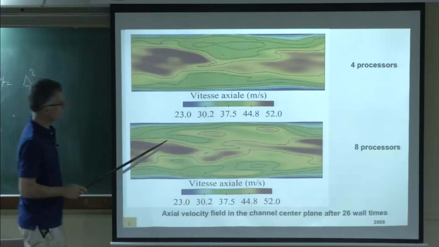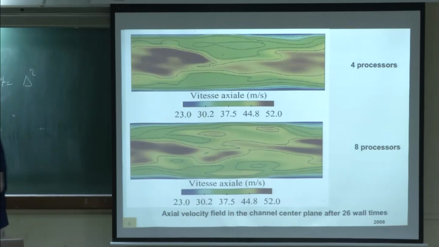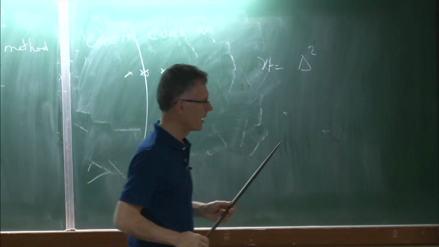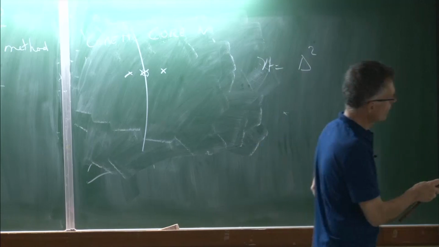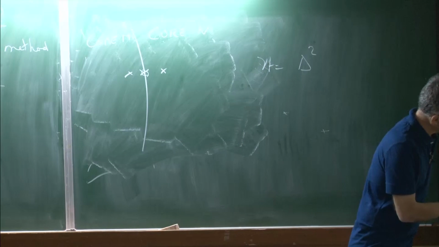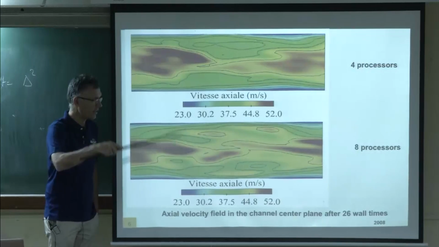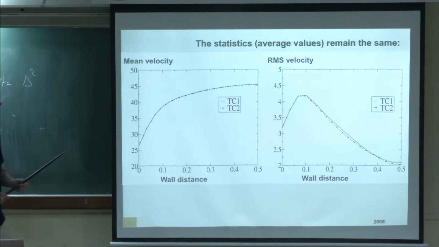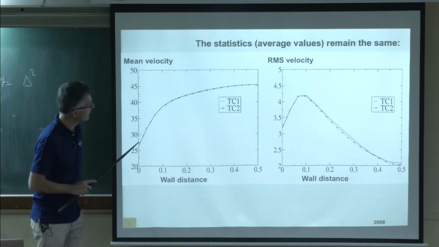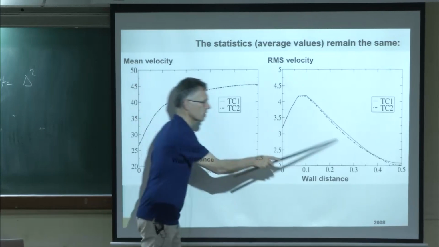And if you come back 26 roll times later, then these two flows start decorrelating, exactly like the weather would decorrelate when you try to predict the weather. And now if you average those flows, so you take this flow, you average the velocities here like this, and since it's homogeneous, you can also average in planes and in time, and you do the computation and the comparison, you see that these two simulations have exactly the same mean velocity profile and the same RMS velocities.